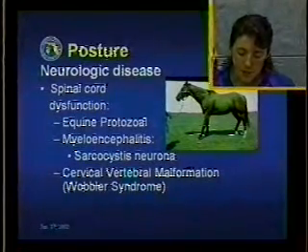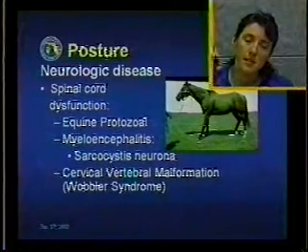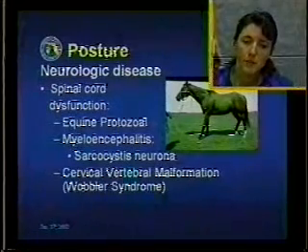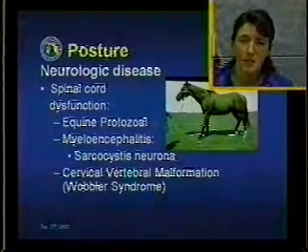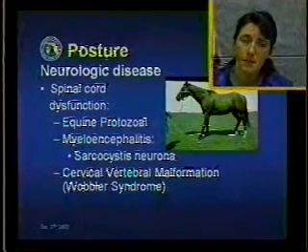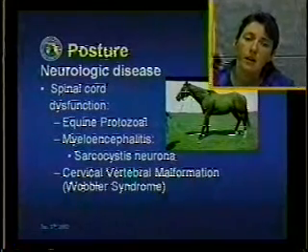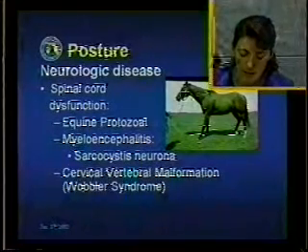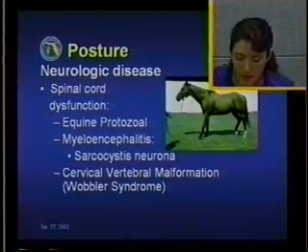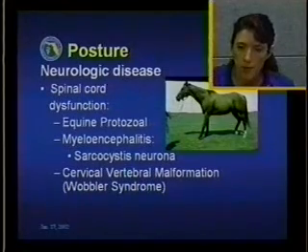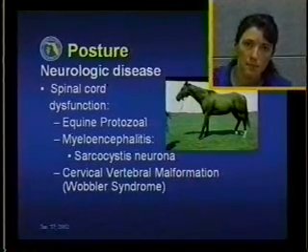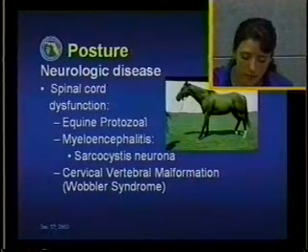In the case of cervical vertebral malformation, the diagnosis is achieved by radiography of the cervical vertebral column, and the changes that are seen are proliferative changes, and sometimes we can also assess the presence of instability. This is more commonly diagnosed with a myelogram, where we inject a contrast dye within the intrathecal space, and this dye will identify areas of compression of the spinal cord that can be enhanced by flexing or extending the vertebral column.